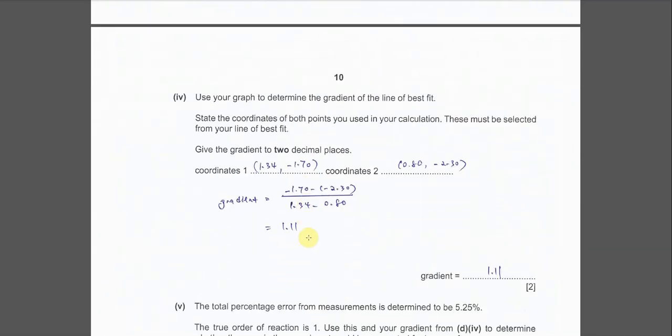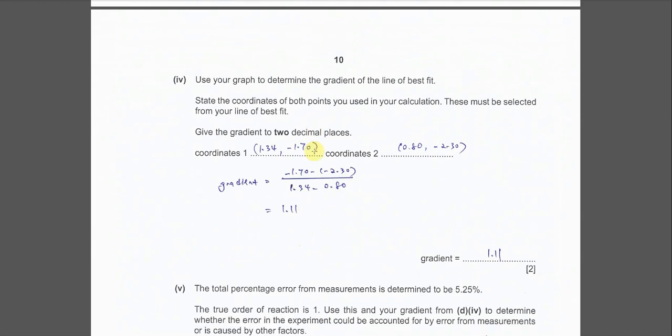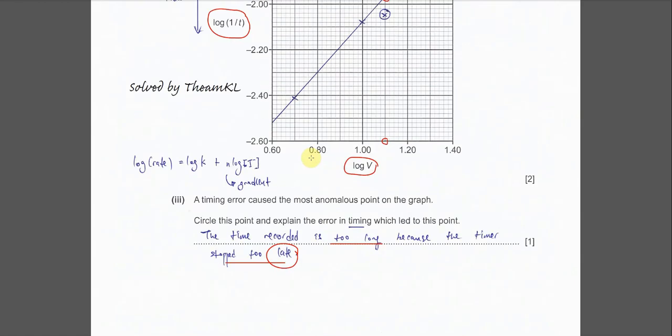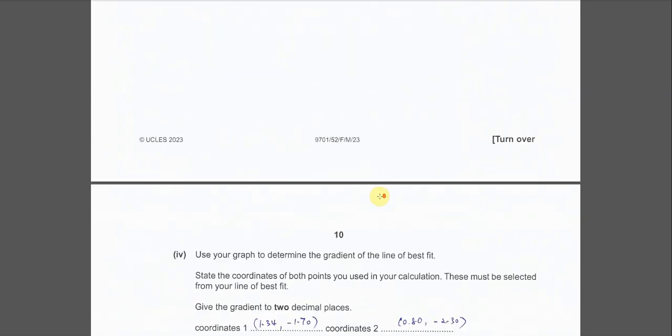After that, use your graph to determine the gradient of the line of best fit. Again, after you draw the best fit line, make sure you get two coordinates from the line. For mine, I just choose these two coordinates.